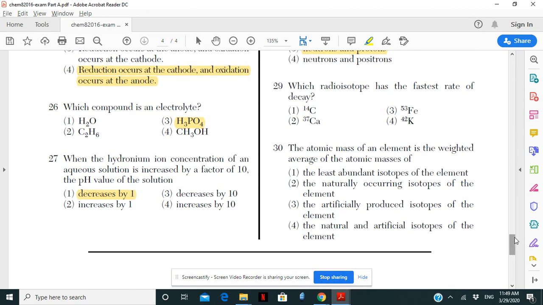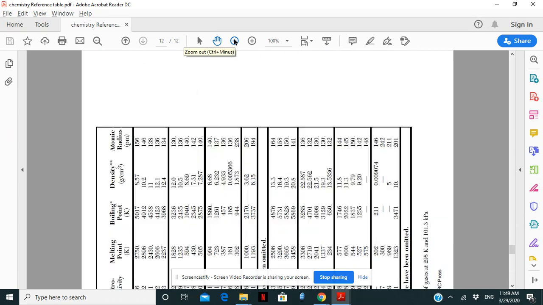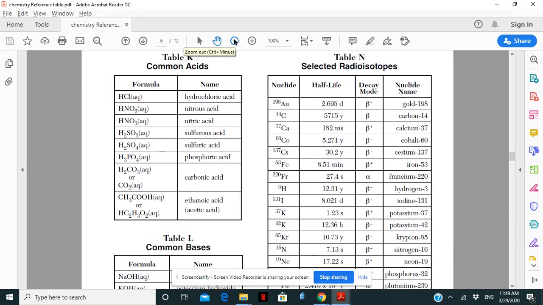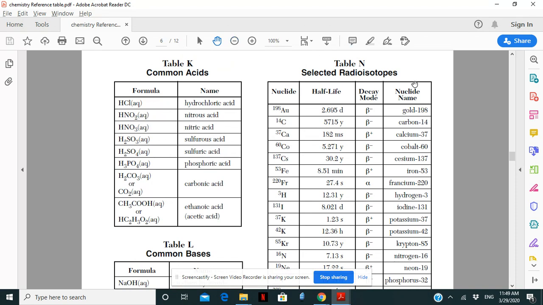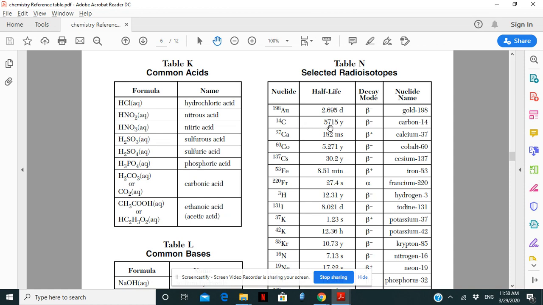Which radioisotope has the fastest rate of decay? I have to check the reference sheet in that case. I'm going to my reference sheet and moving to the isotope decays, the selected radioisotopes. Carbon 14 has 5,715 years.